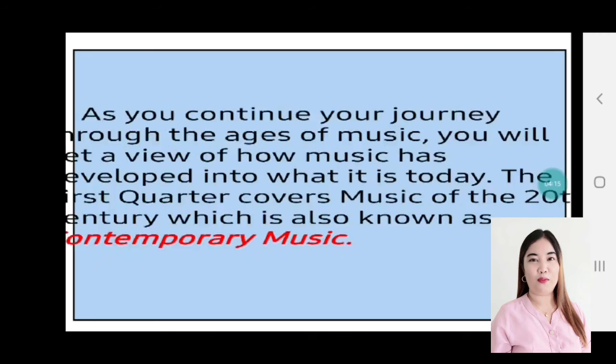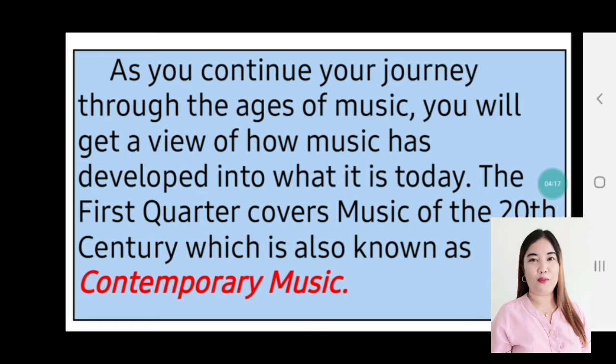Okay. So, as you continue your journey through the ages of music, you will get a view of how music has developed into what it is today. The first quarter covers music of the 20th century, which is also known as contemporary music. So, the other term for 20th century music is contemporary music.